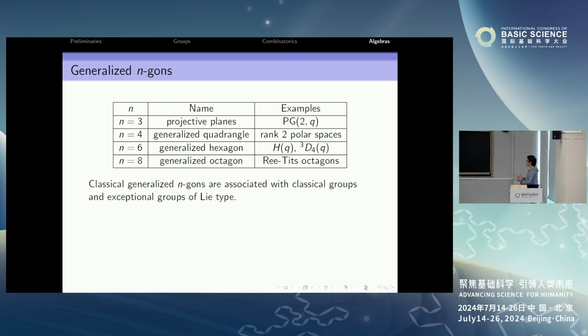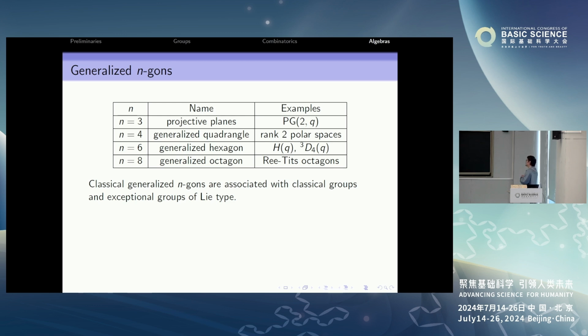So the classical projective planes are PG(2,q), and the classical GQs are the rank 2 polar spaces. And the hexagons are related to the classical groups G2(q) and 3D4.